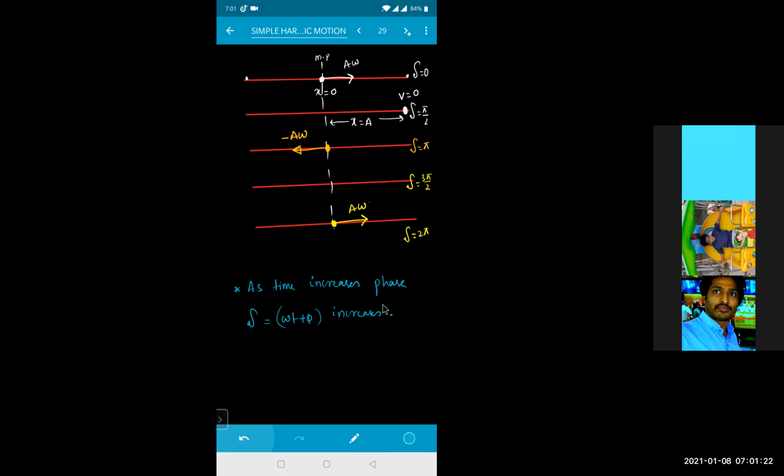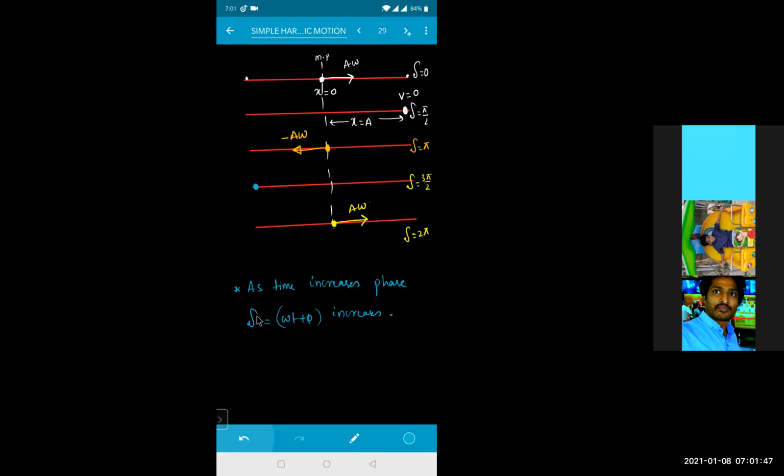An increase of 2 pi brings it to the same position again. If it goes from mean to extreme, again extreme to mean, again mean to extreme, then it will come back to the original. See, I started from theta equal to 0 to theta equal to 2 pi. It goes from mean, then extreme, then mean, then again extreme, then from extreme position again to the mean position.